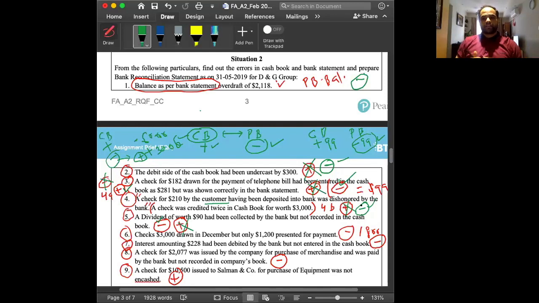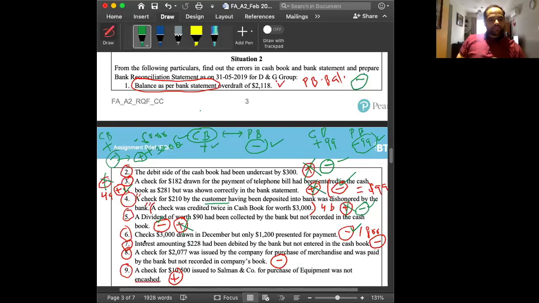We will plus the cash book balance and we minus the passbook balance. Number 6, checks of 3,000 drawn in December, but only 1,200 presented for payment. $1,800 minus. That's right, correct.